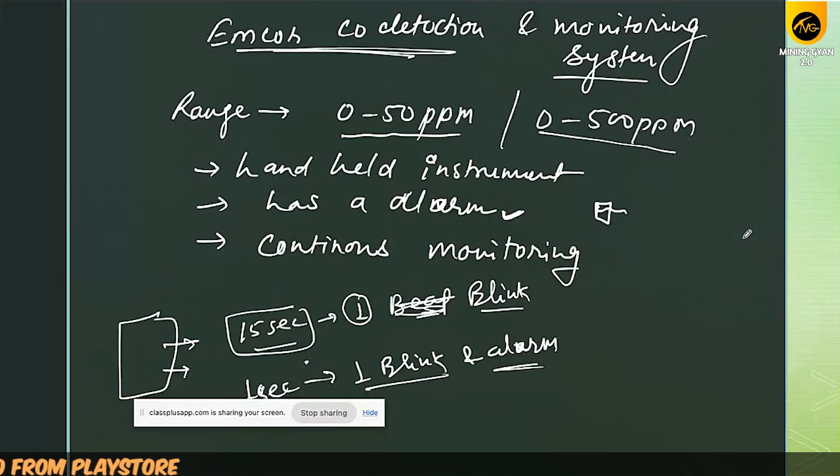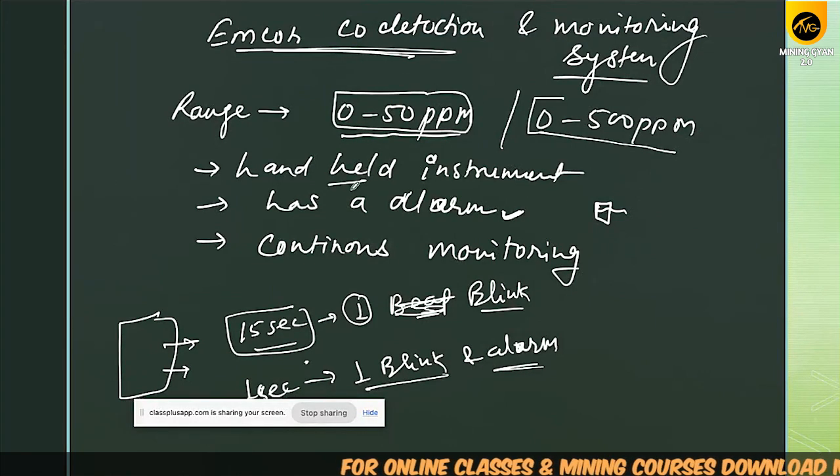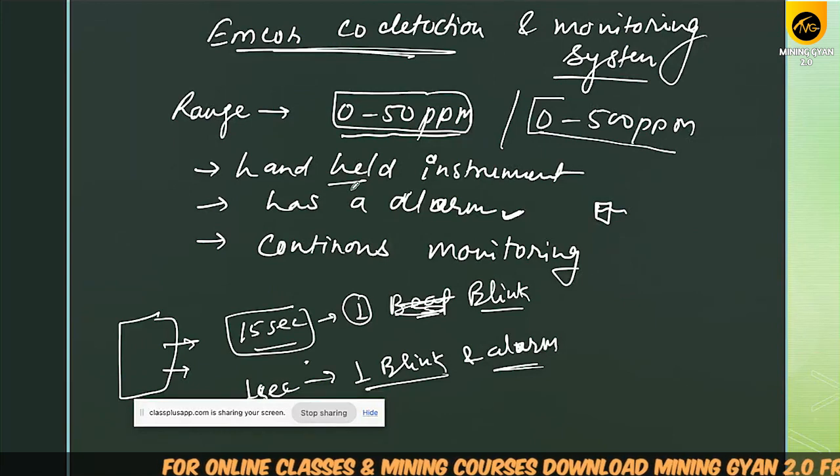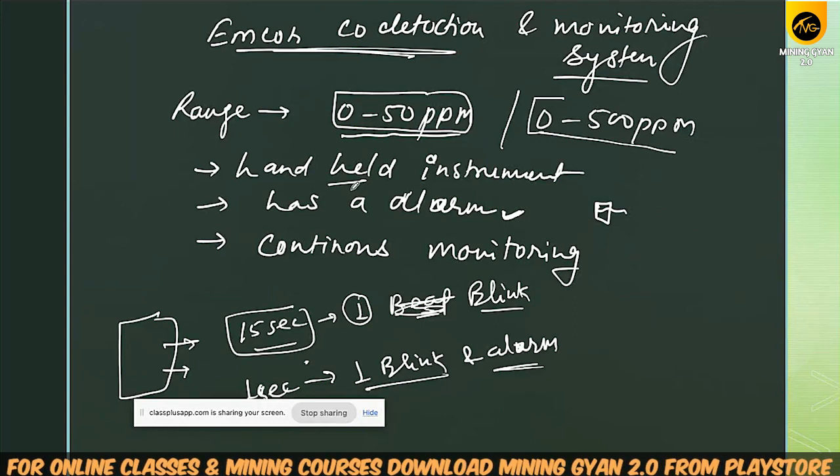Then we have seen the Emicor carbon monoxide detector and monitoring system, which has a range of 0 to 50 ppm. It is a handheld instrument, and it also has an alarm.